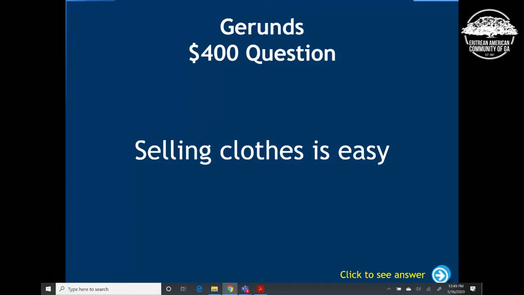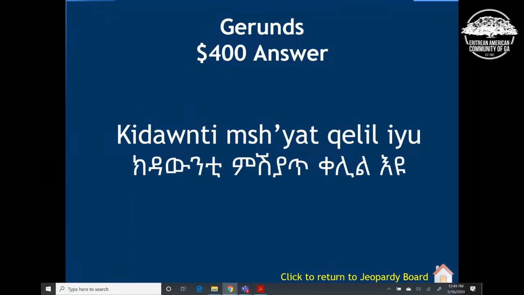Okay, good. So 400 for Naud. Kedaunti, close. Mishyat kalil iyu. So directly translating: clothes, selling, easy is. Just to get the feel of the sentence structure in Tigrinya. So next, gerunds, 500.